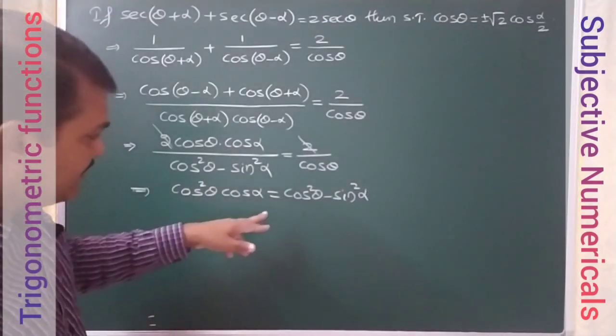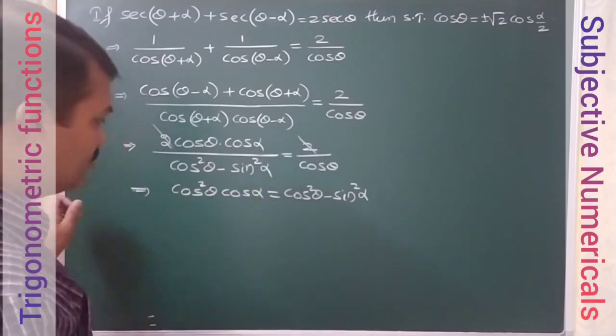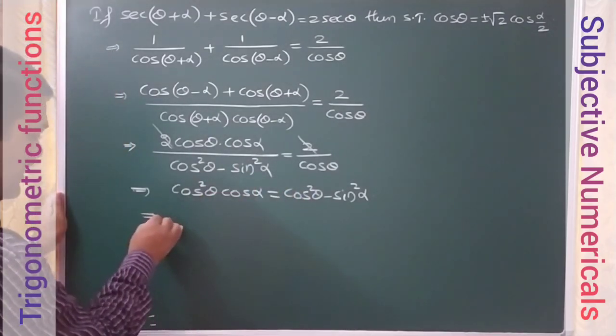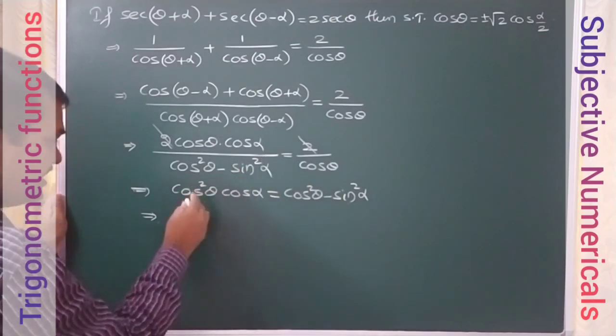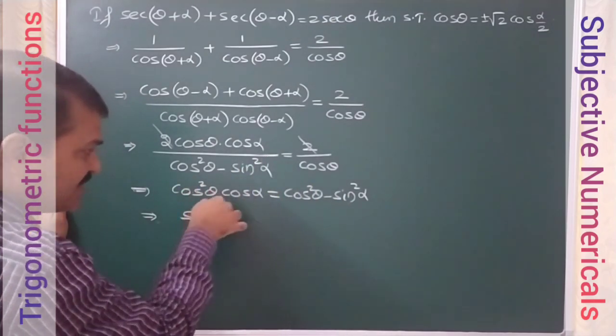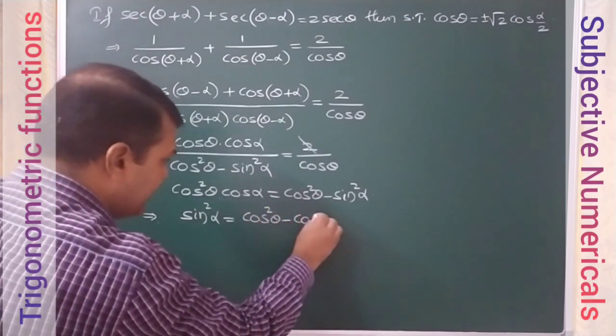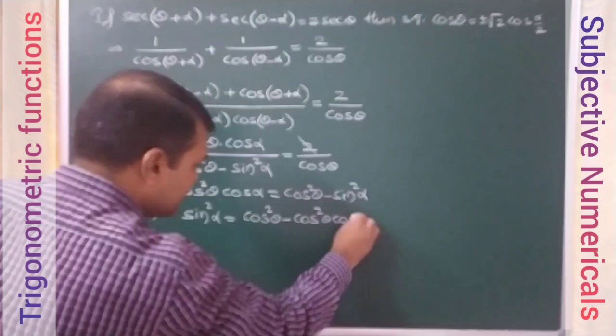Now let us shift the cos square theta terms to one side and the remaining terms to the other side. So minus sin square alpha is shifted to the LHS, and we shift this term to the RHS: cos square theta minus cos square theta cos alpha.